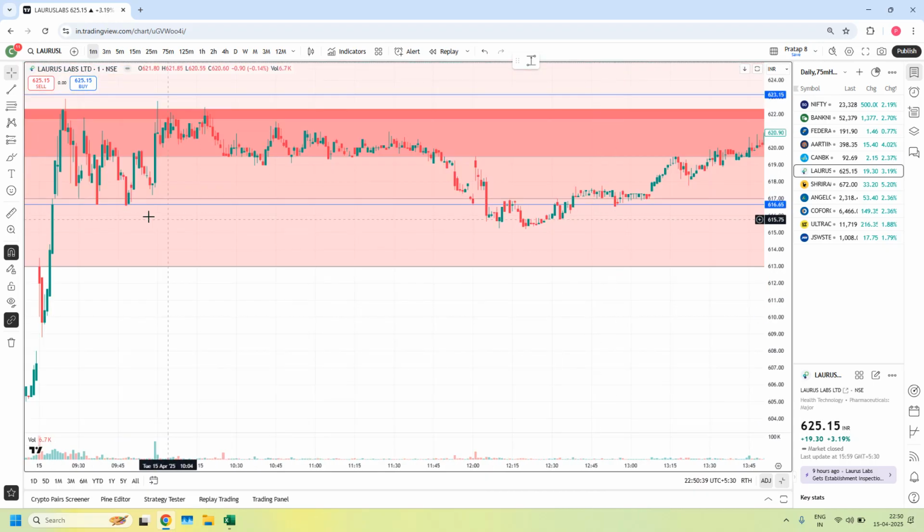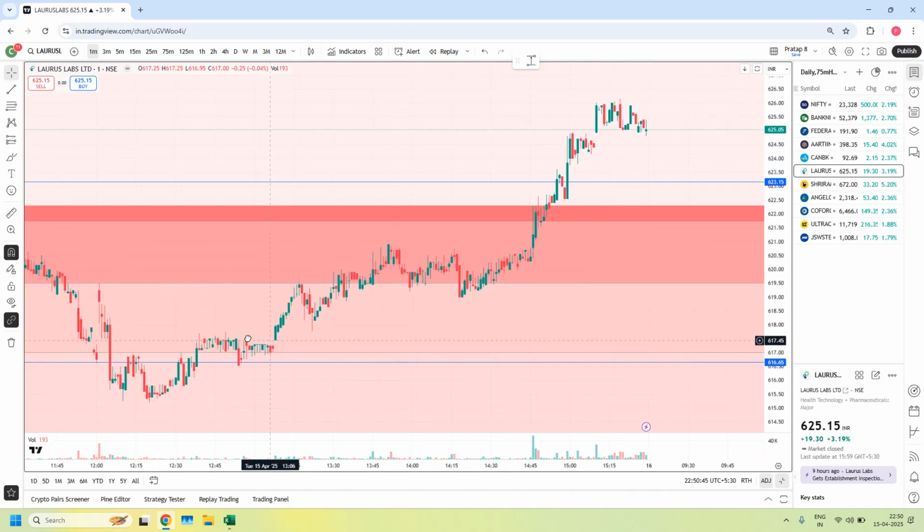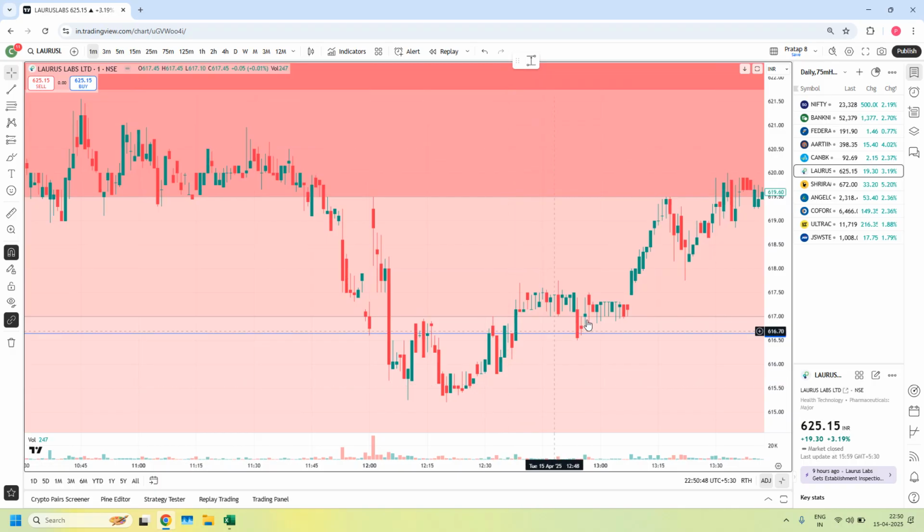See, by the time, already see how much time it consumed. You got the trade at the 9:24 candle. The last opportunity you got, this is the candle, 12:54. So definitely you won't be there that much time on the trade in the intraday.